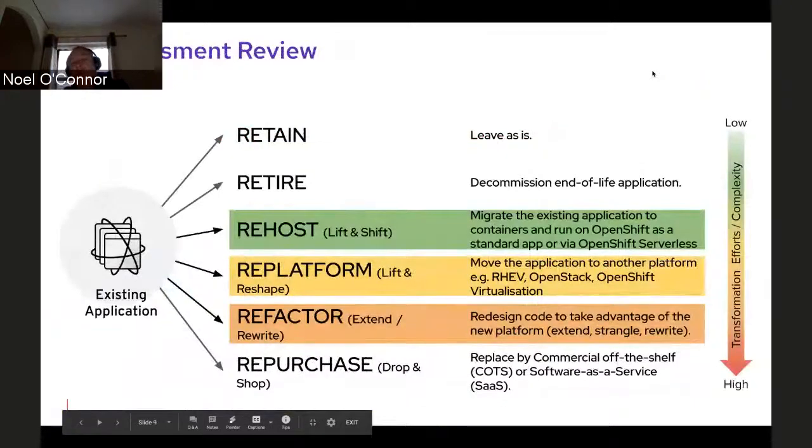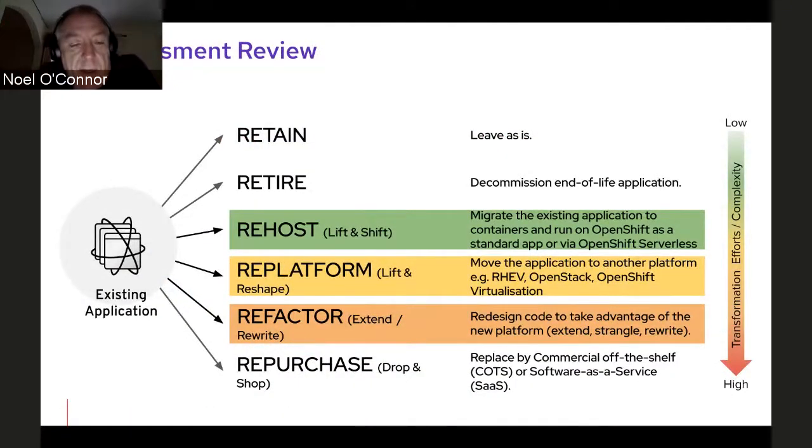As part of the review process, the 6 R's, as it's known in the industry, are retain, retire, rehost, replatform, refactor, repurchase. The effort and risk is always higher on the repurchase because you're putting something new into an existing solution arena. Refactor is always risky as well because you have a lot of coding to do.